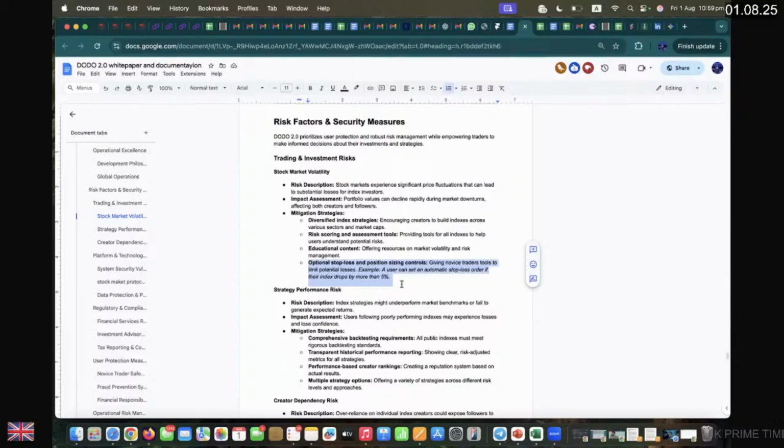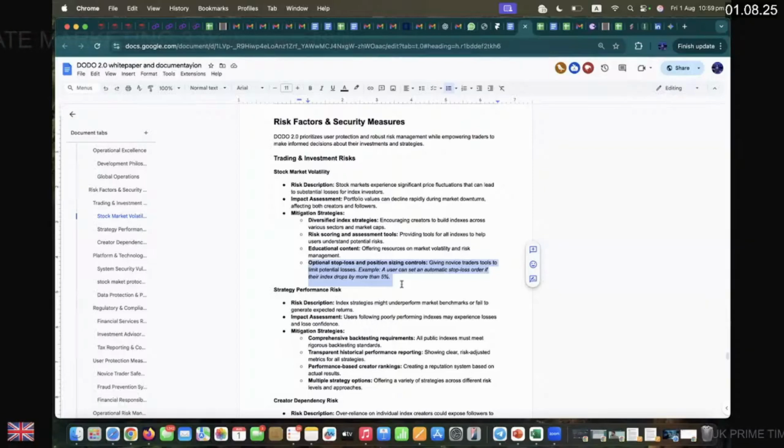And you can do it with a particular asset also, that if this asset drops, let's say 10%, then your index is prevented in certain margin. So this we will do at both asset level as well as overall index level.